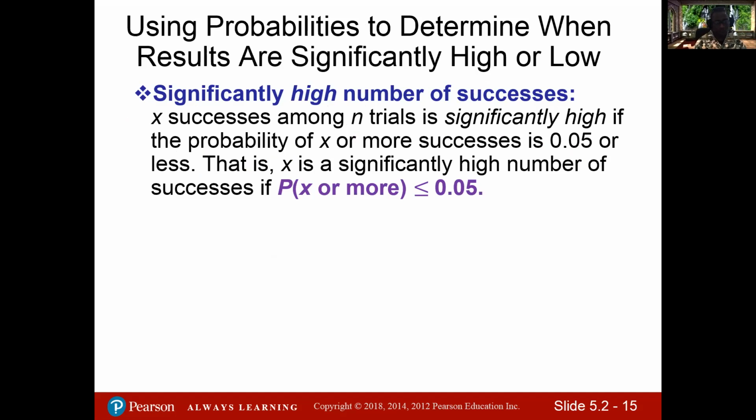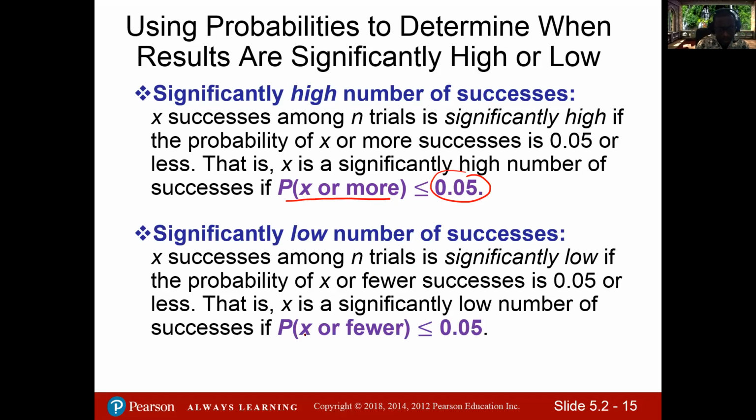If you find the probability of X or more and compare it with 5%, or sometimes 1%, then we say that X is significantly high. On the other hand, if you find the probability of X or fewer and compare it with 5%, and it is less than or equal to, then we say that X is significantly low. It's a low number of successes.